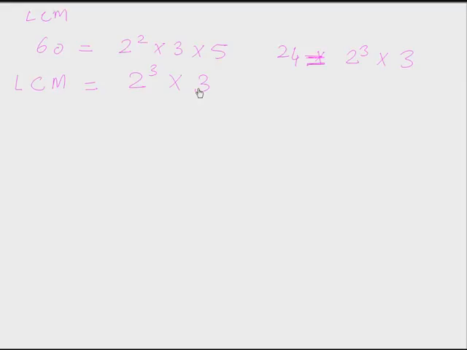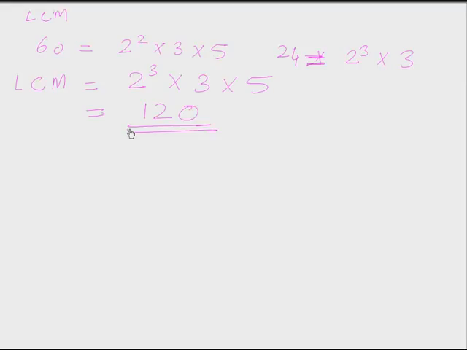So I need to take it once, otherwise this LCM will not be a multiple of 60. So I take it once and now it's a multiple of both numbers. I've covered all the primes and I've taken enough of each prime for it to be a multiple of both numbers. So we can see that the LCM is 120.